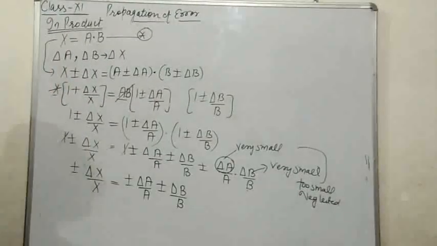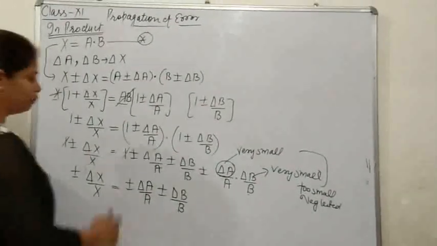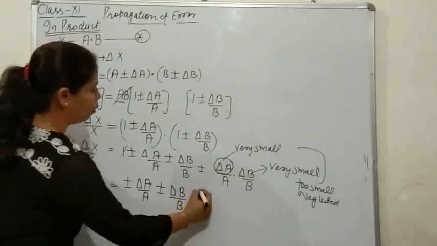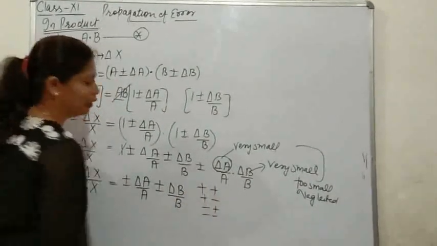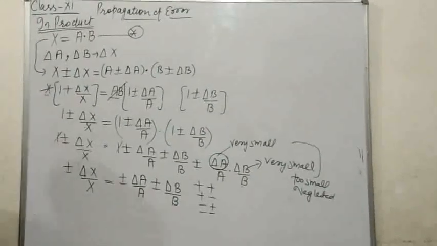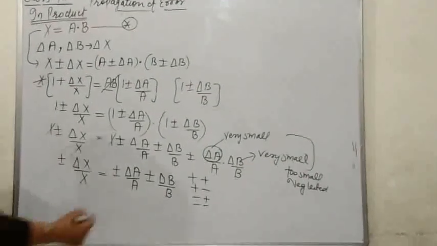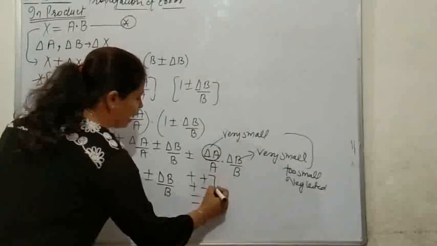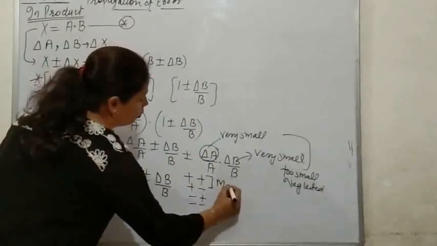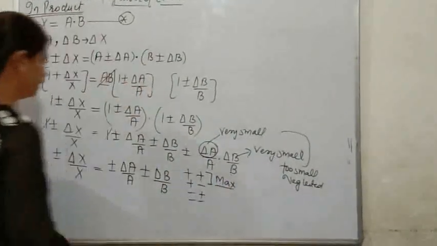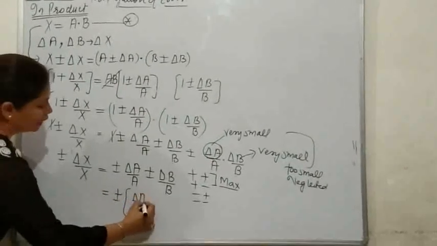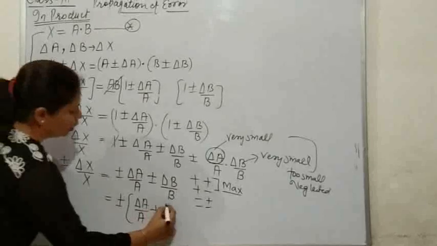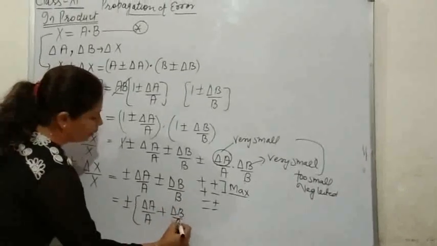So it is our result. Again there are four possible cases that both can be positive error, positive negative, negative positive, negative negative, as you have done in your last videos. So most probable case, that is maximum error, is both are having positive sign. So taking plus minus common out, the result will be delta a by a plus delta b by b.